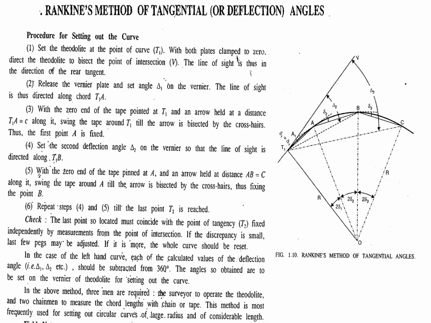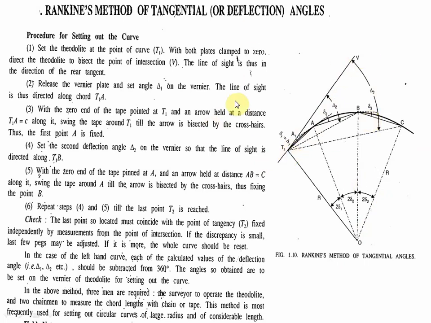Here also you have already calculated the tangential angles, delta angles, and the lengths of chords: tangential angles delta 1, delta 2, delta 3, and also deflection angles delta 1, delta 2, delta 3. I have already explained how to calculate all of these. Only after calculating all the values will you set out the curve on the field.